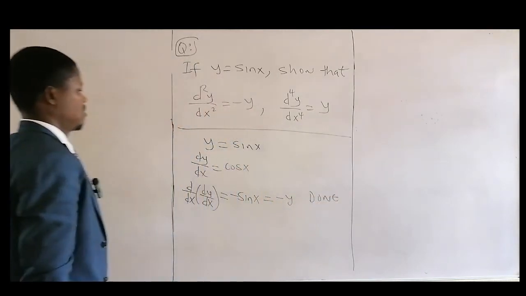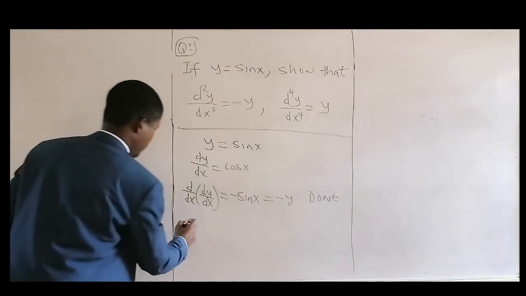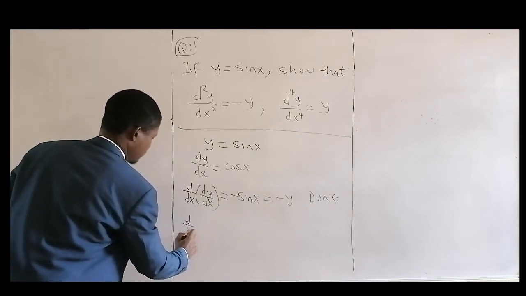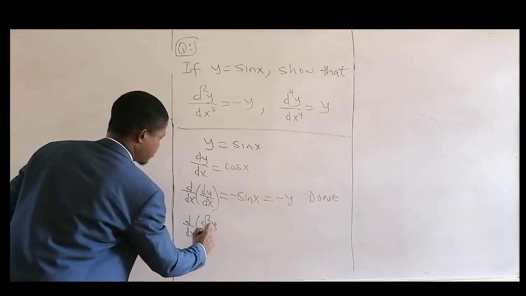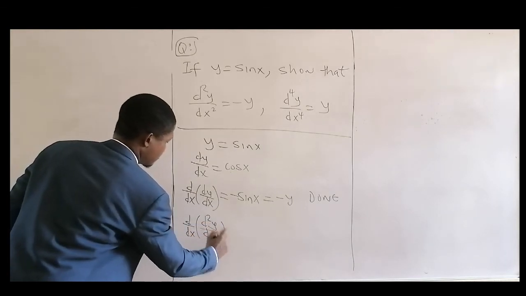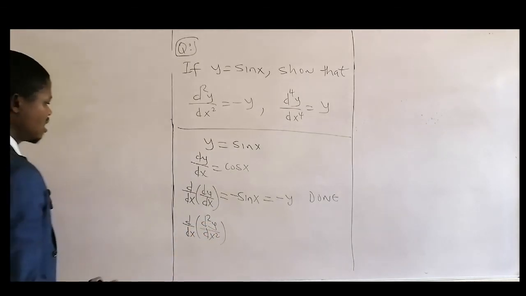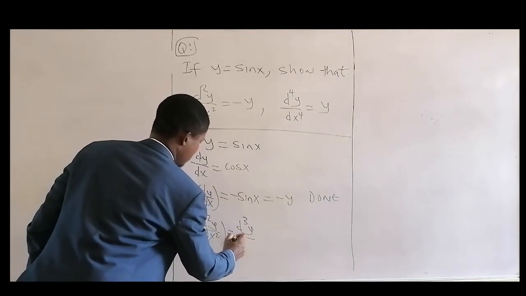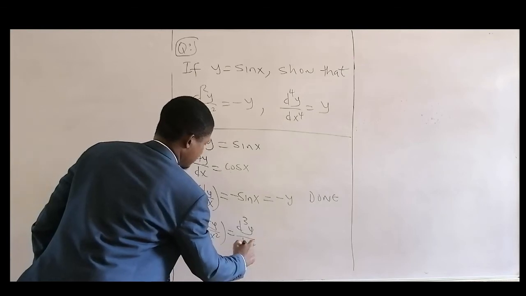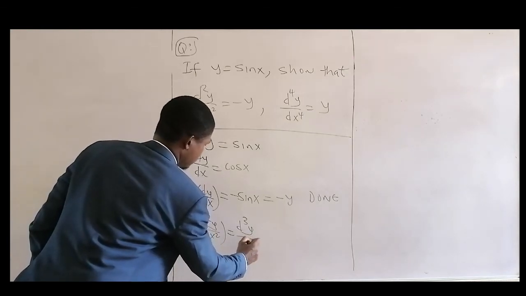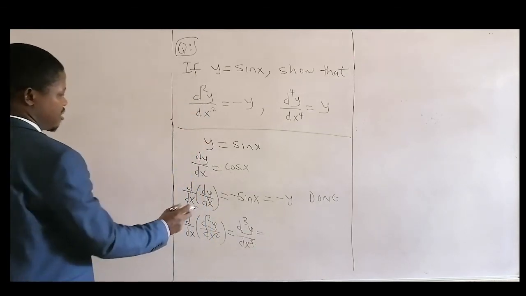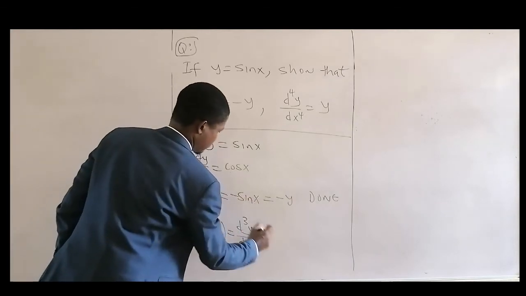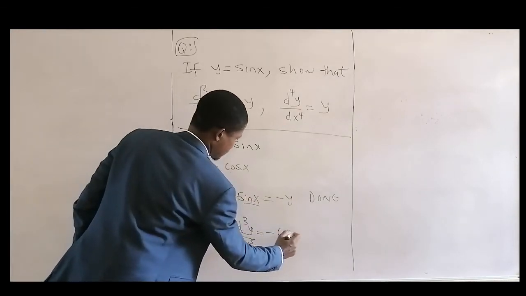Let's continue. Can you do the third differential? That will be d/dx of the second differential, d cubed y over dx cubed. If you differentiate minus sine x, you have minus cos x.